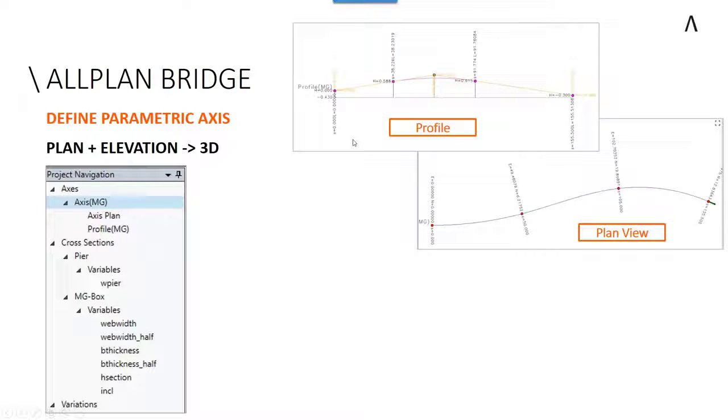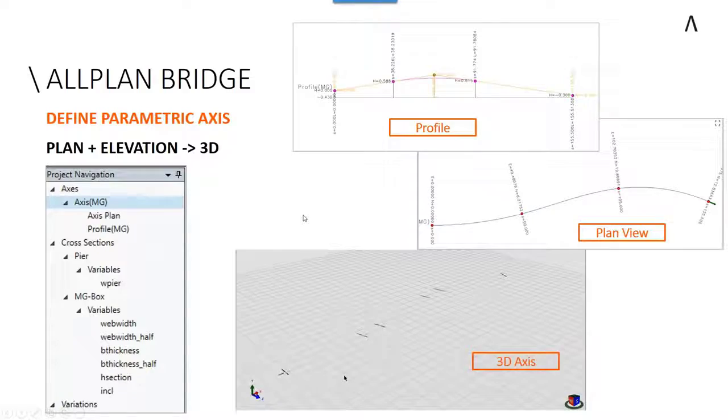We combine that with a profile, a 2D elevation of the road or of the alignment's long section. Now again, these are made up of straights and vertical curves, and can be defined in various ways to conform to local standards around the world as well. And together these combine to create a 3D axis.